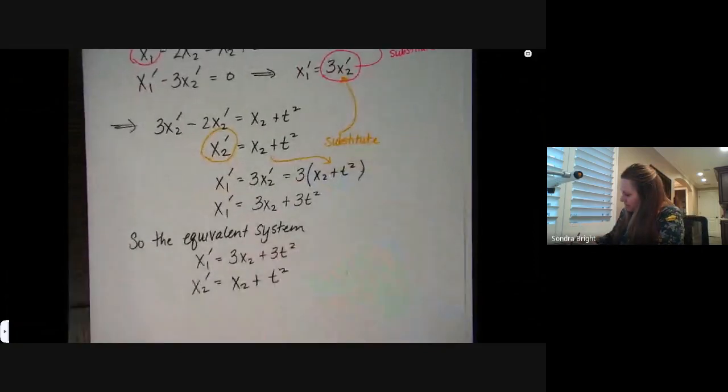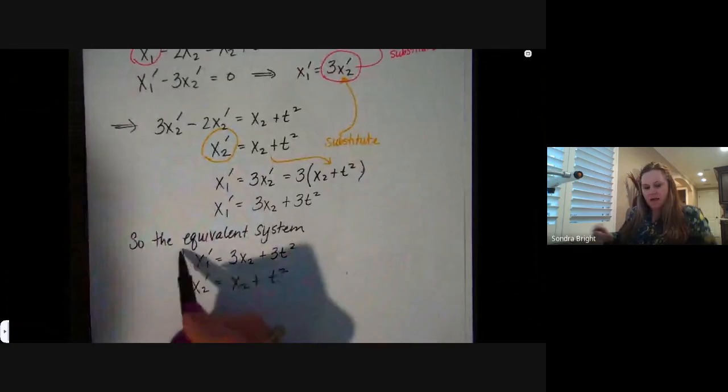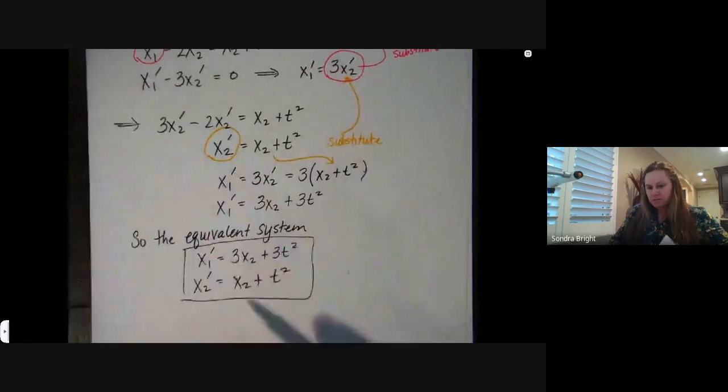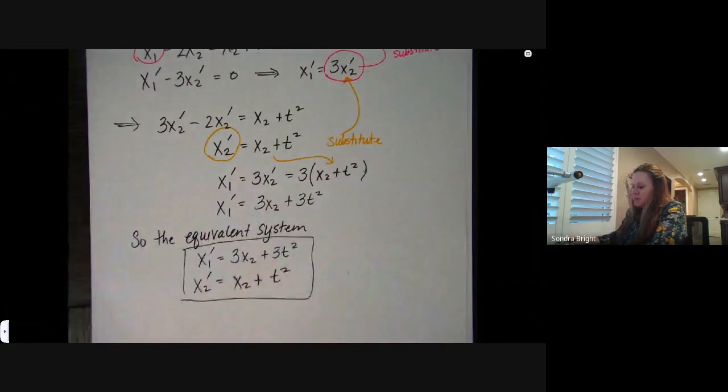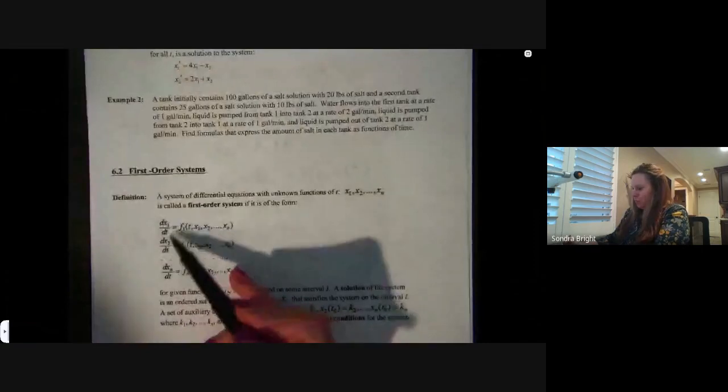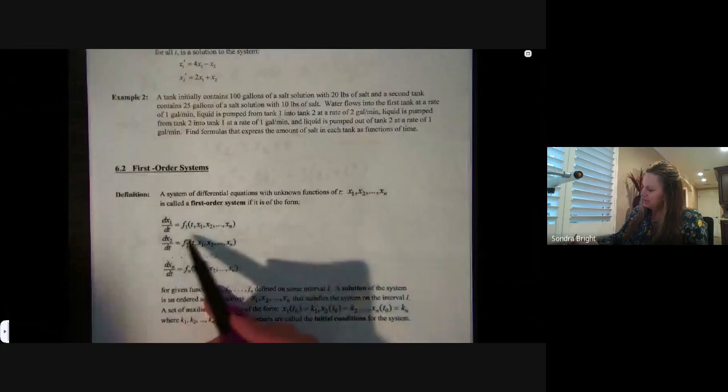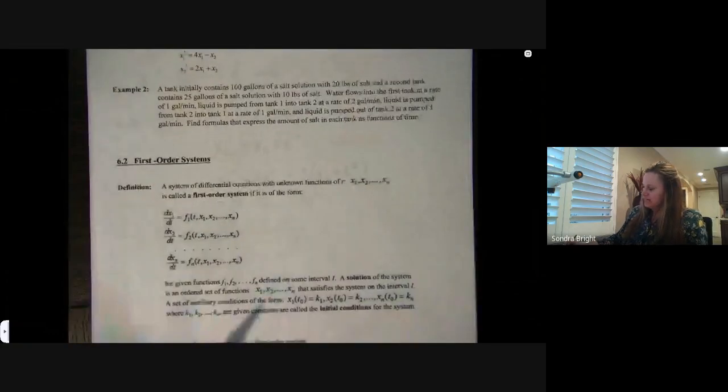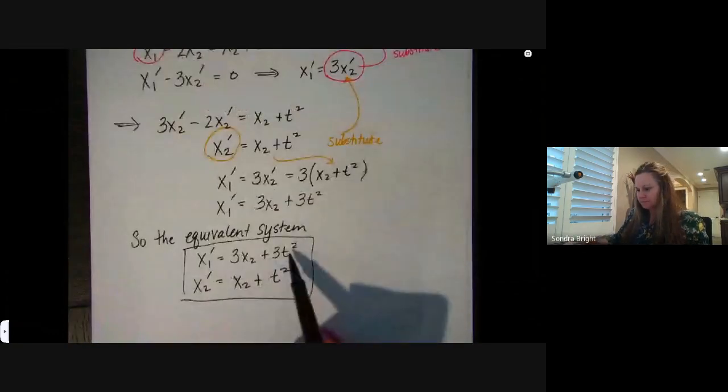There's a first order system, because now it's in the proper form. You need to have x1 prime equal to some function of t's and x1, x2, through xn, and x2 prime needs to be some function in terms of t's and x1, x2, and so on. And I've got functions of t's and x2's on all of them.